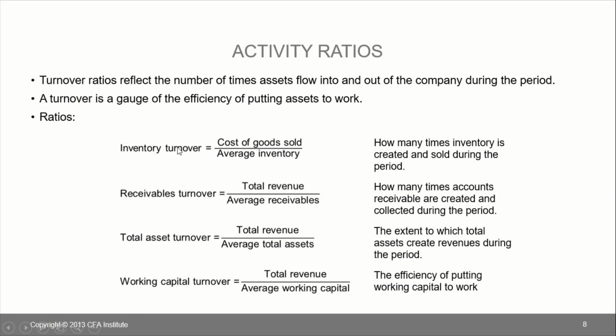So for this particular ratio, we call it the inventory turnover. You are comparing your cost of goods sold to your average inventory. Because eventually, your cost of goods sold is an expense. This account is found on the income statement while the inventory is found on the balance sheet.